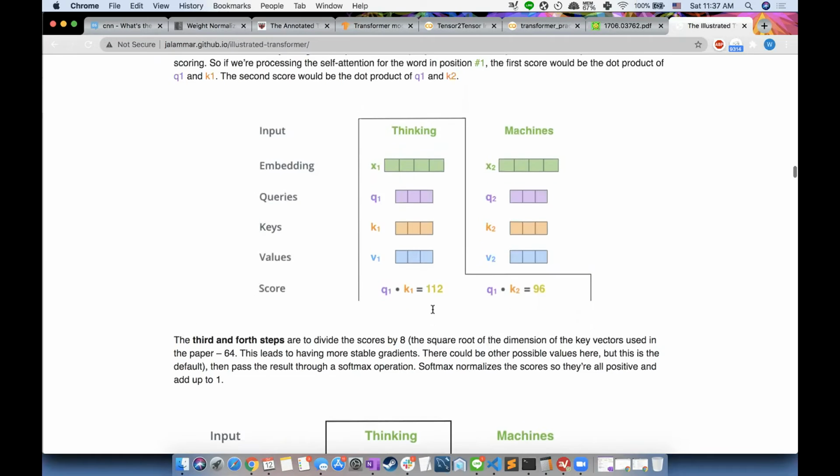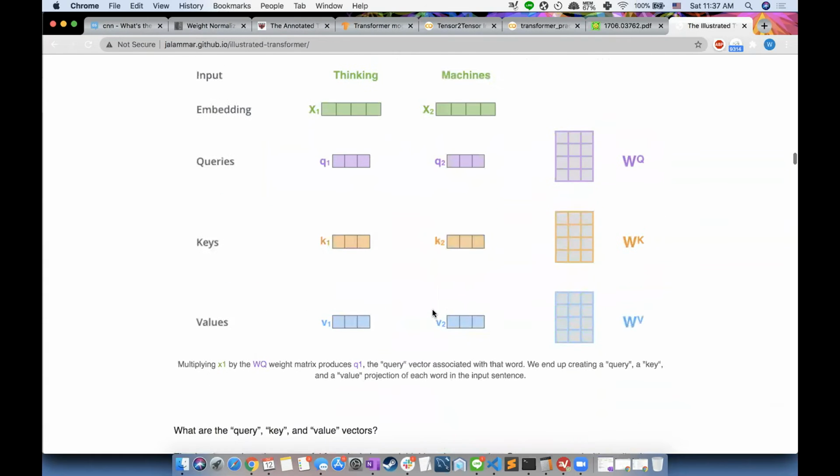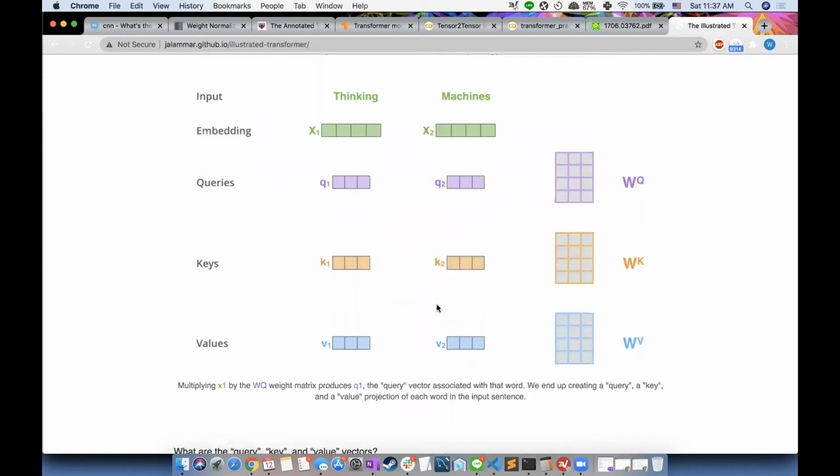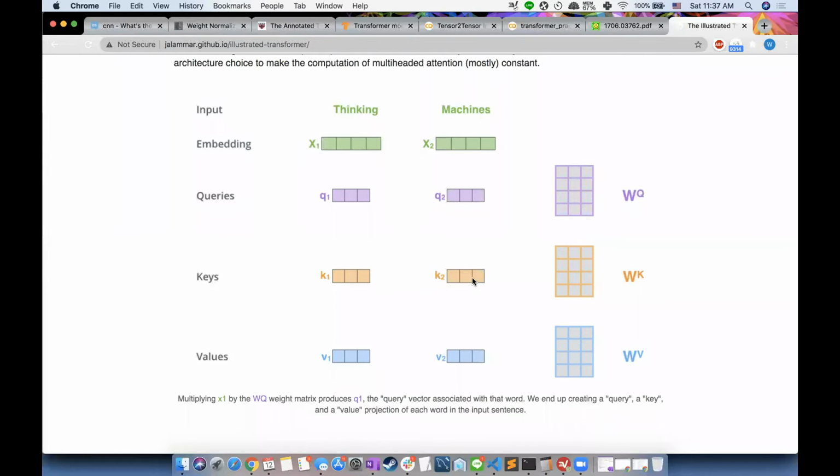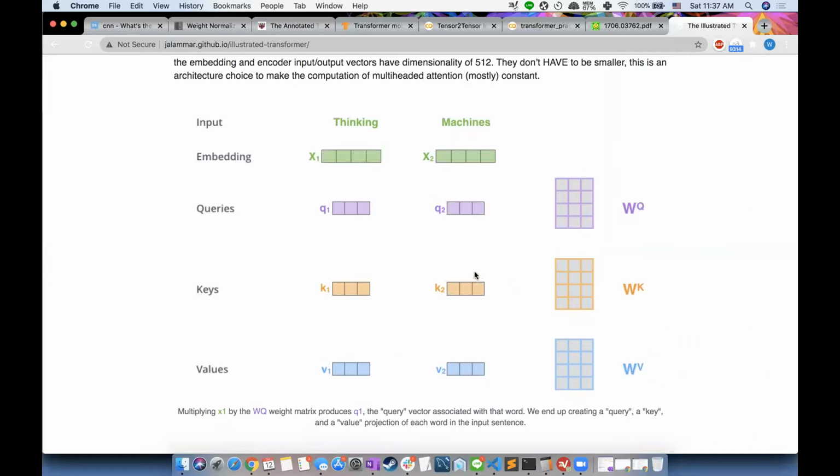Is that correct? Yes, that's right. The column is 64.